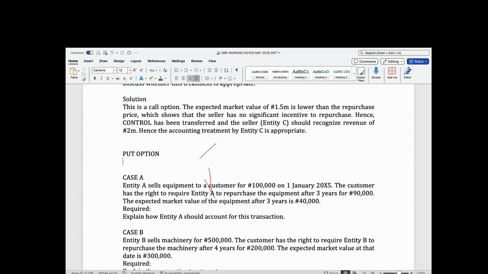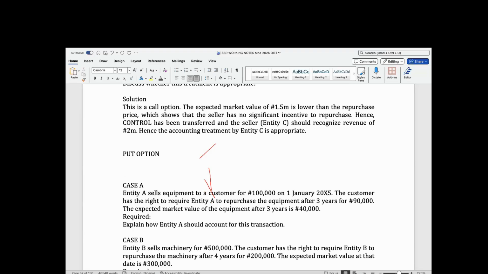So the final one is the put option. This is where the customer has the right to request the seller to repurchase. So now this has nothing to do with the seller.